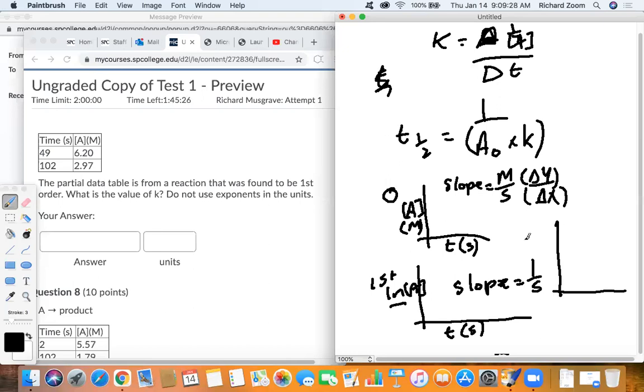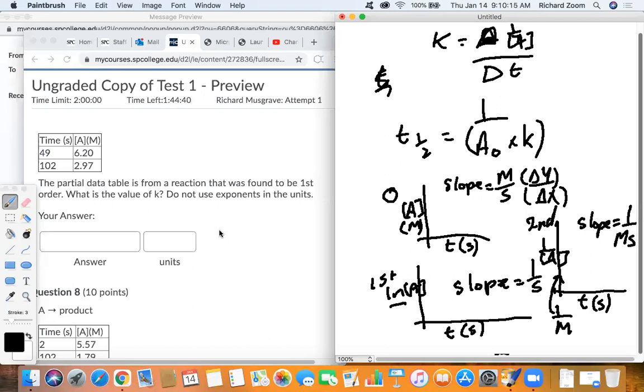And then for second order, it's going to be 1 over A, and the unit there would be 1 over M. And then the time is going to be seconds again, and the slope would be 1 over MS.